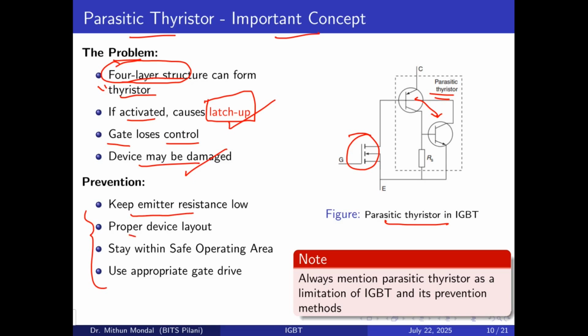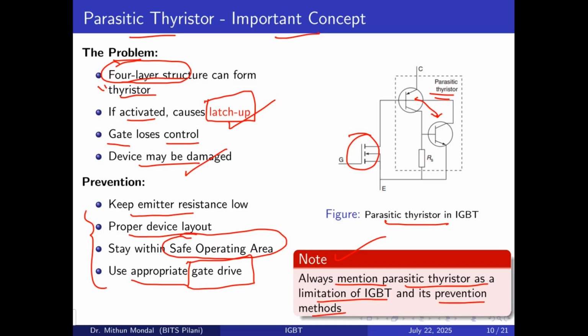You need to have proper device layout, operate the device in the safe operating area, and use an appropriate gate drive circuit. Note here, always mention the parasitic thyristor as a limitation of the IGBT and its prevention method. When we talk about the IGBT, the parasitic thyristor is one of the major limitations.